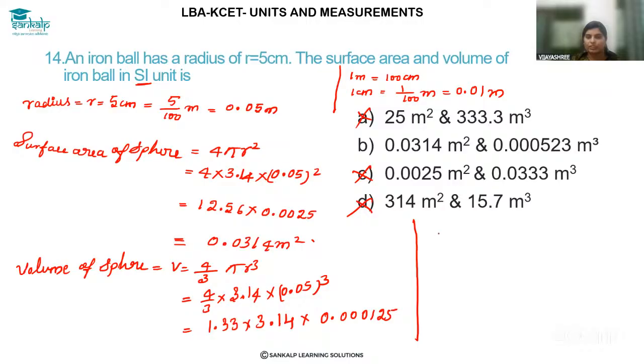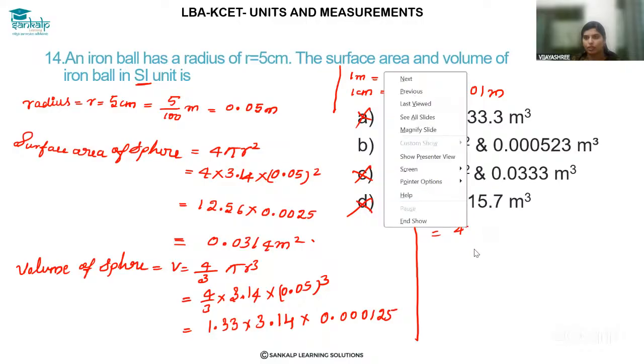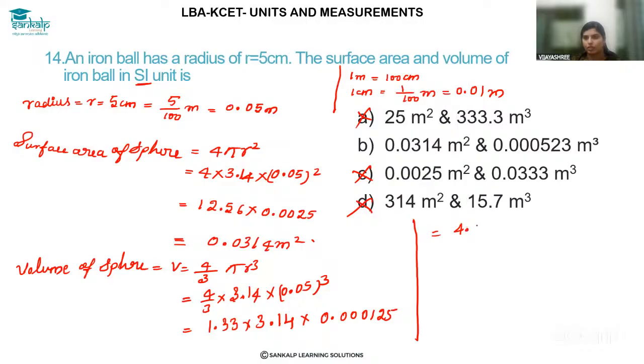So 1.33 into 3.14 is equal to 4.1867, into 0.000125. If it is calculated further, it will be 0.0000523 meter cube.